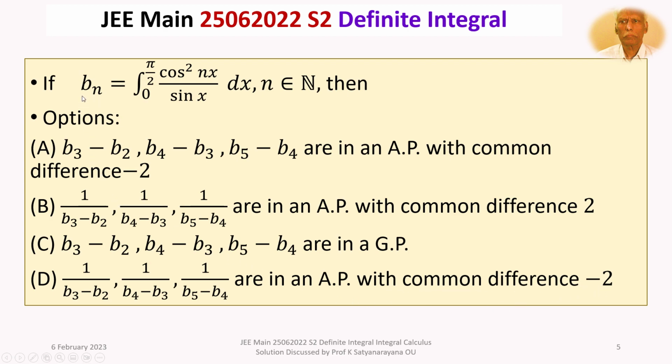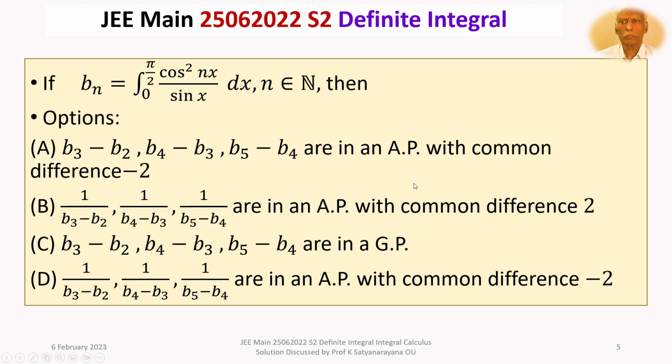We are given Bn is equal to the integral 0 to pi by 2 of cos square nx by sin x dx, where n belongs to the set of natural numbers. So from Bn, we have to compute b3 minus b2, b4 minus b3, b5 minus b4, and thereby discuss the nature of these numbers, whether they are in AP, or the reciprocals are in AP with common difference 2, or whether the numbers are in GP, or their reciprocals are in AP with common difference minus 2.